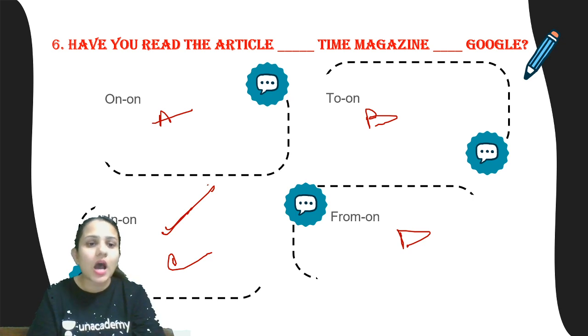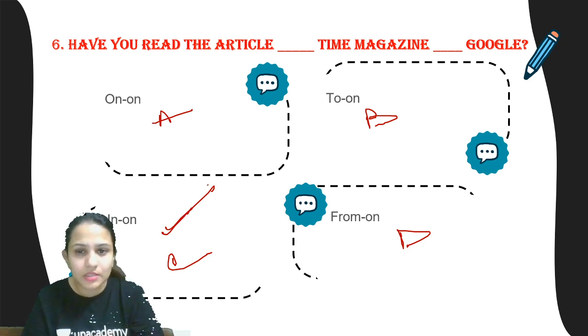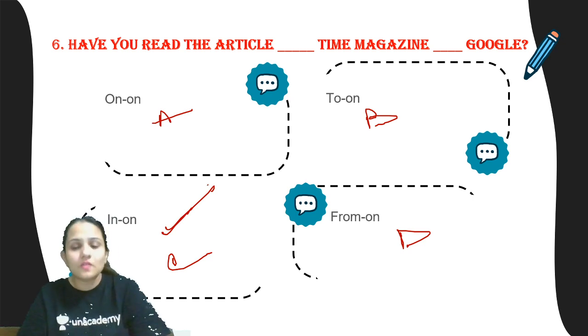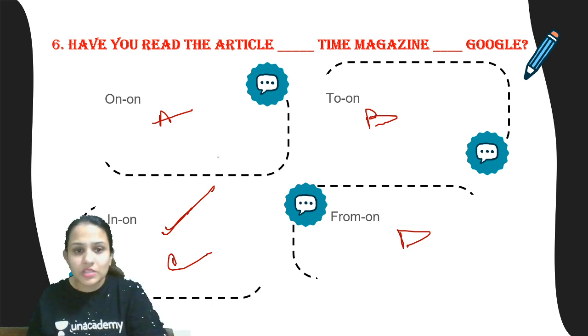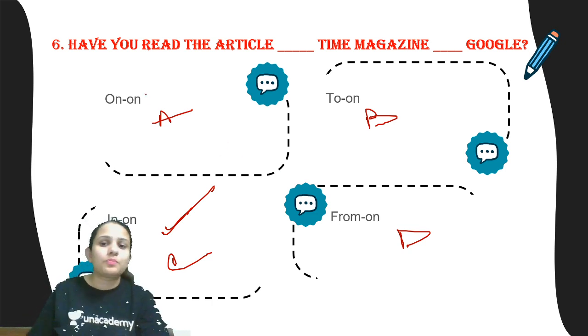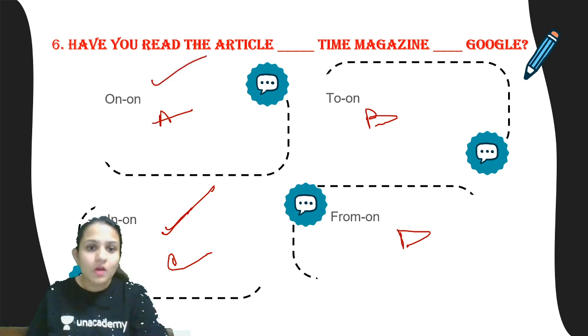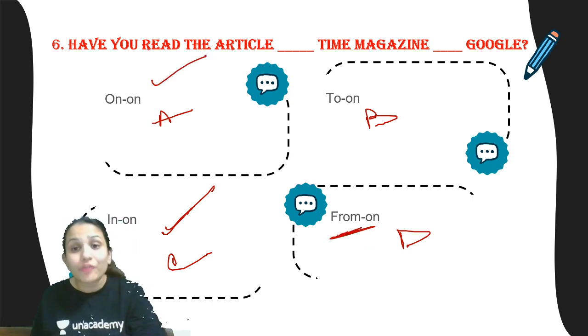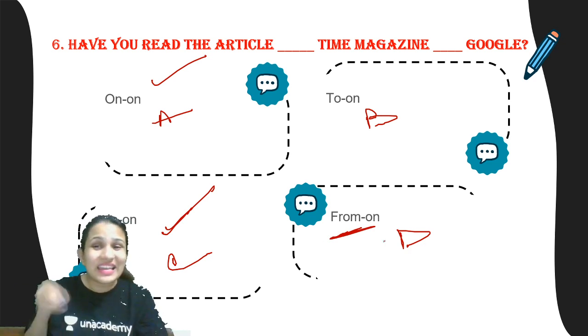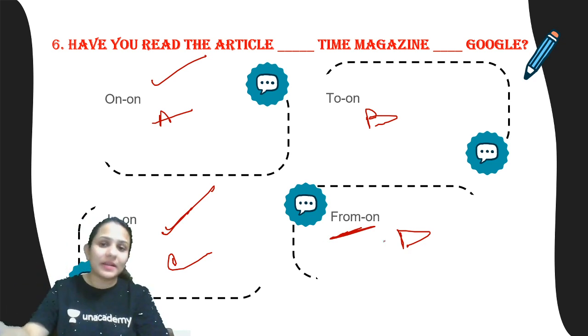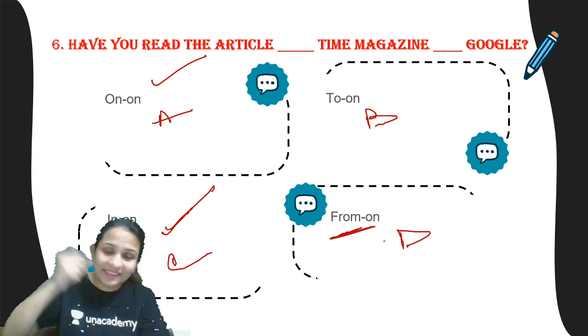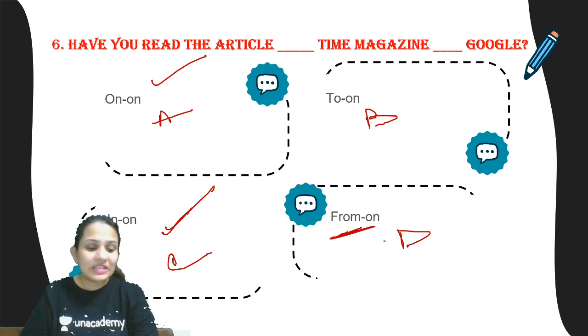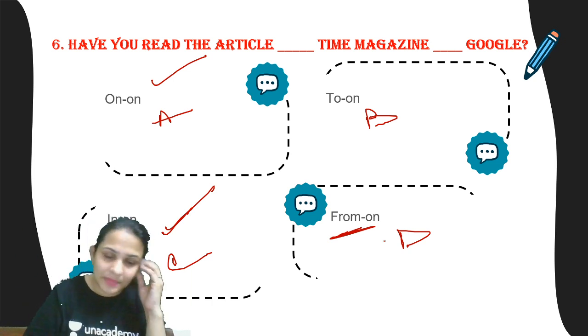I know a lot of you would be confused in A and B. You don't read an article on a book or on a Time Magazine, and you do not read anything from a book. You read something in a book, you hear it from somebody, but you read it in the book. So these are the correct ways of using these prepositions, all right?